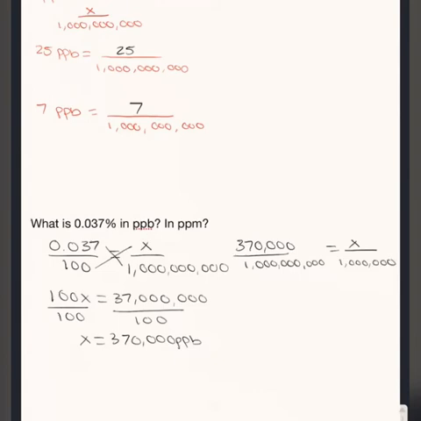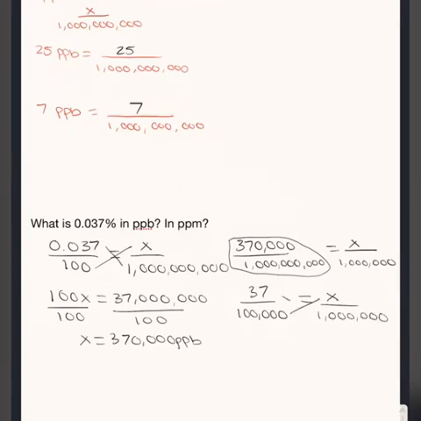And just to go ahead and make the math a little simpler for myself, I'm going to reduce this fraction over here to 37 over 100,000, which is equal to X over our 1 million.